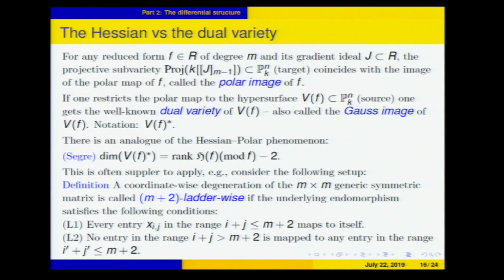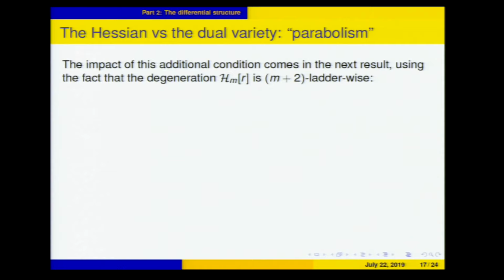This is ladder-wise, so you assume that you go step by step like this. No better name for this. We found this one. Now, in this case, there is an impact, and you can show that the dimension of the dual variety is at least n minus 1.